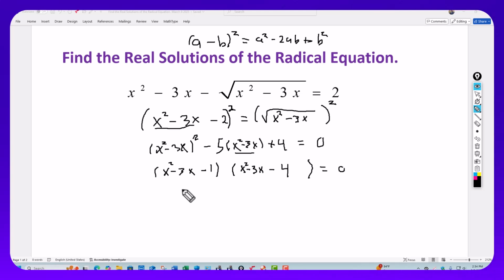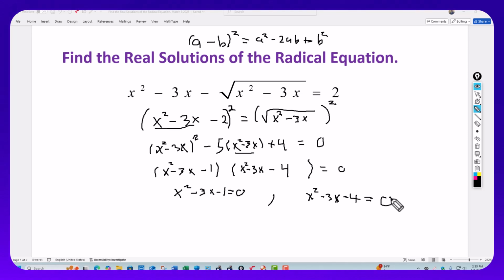Then I simply set each factor equal to 0. I get x squared minus 3x minus 1 equal to 0, or x squared minus 3x minus 4 equal to 0.